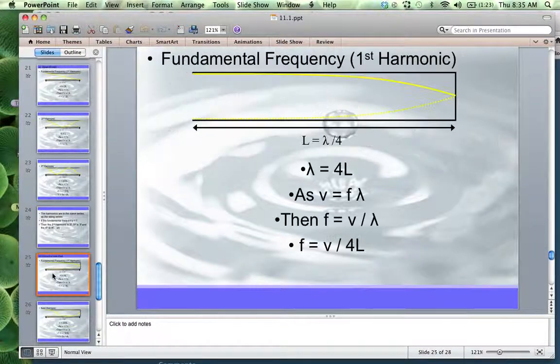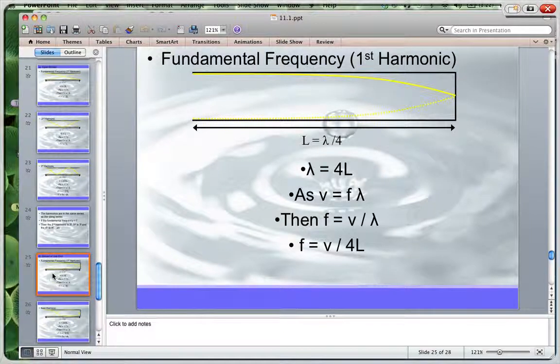But with this situation over here, with the fundamental frequency, where we get our fixed end and we get our open end, so we get our node here and our anti-node here. The first fundamental frequency that we can get is actually a quarter of a wavelength.